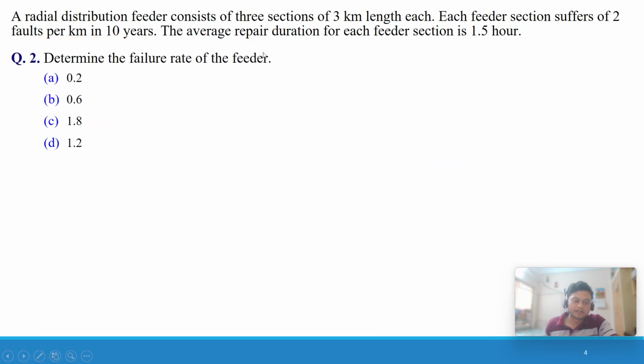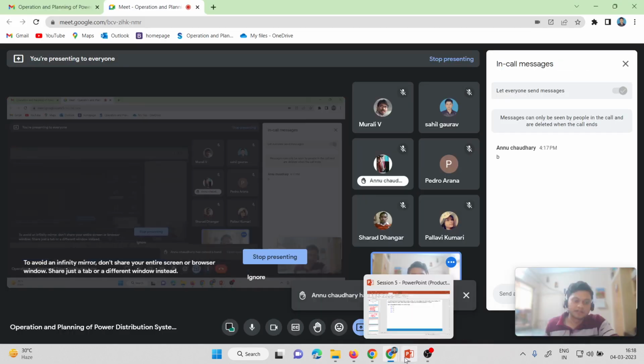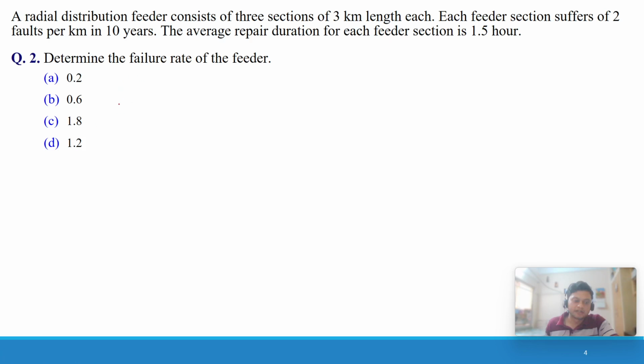Now let us see the next problem. For the same data, you have to find out the failure rate of the feeder, so you have to find the lambda series.